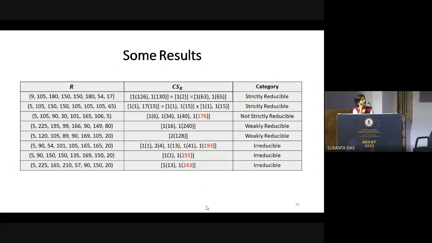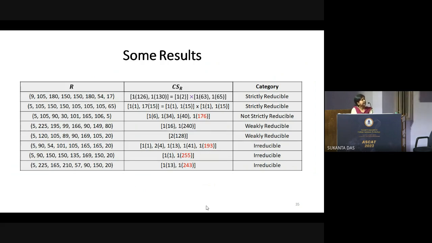The third one is not strictly reducible. Why? Because 176 can be written as 11 times 16. If a 16 length cycle is there, that needs a 5 bit CA, and an 11 length cycle needs a 4 bit CA. So at least a 9 bit CA would be needed. But here it is actually an 8 bit CA. So this type of example shows this is not strictly reducible.